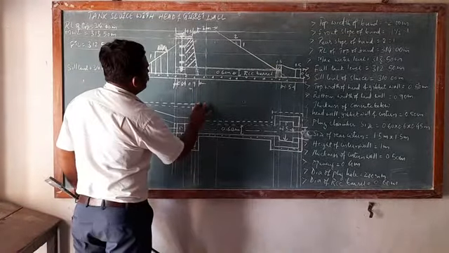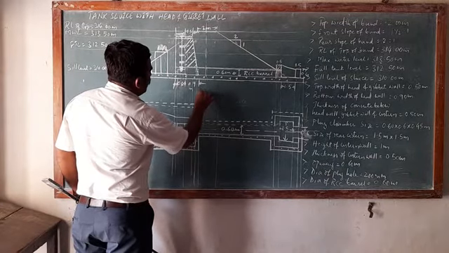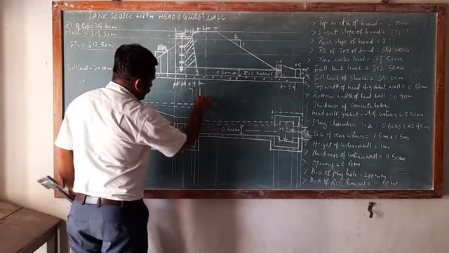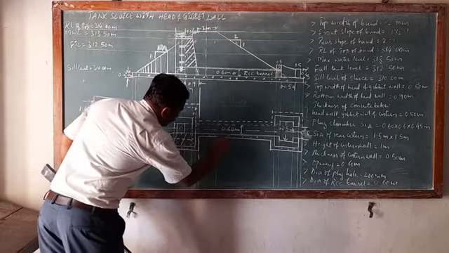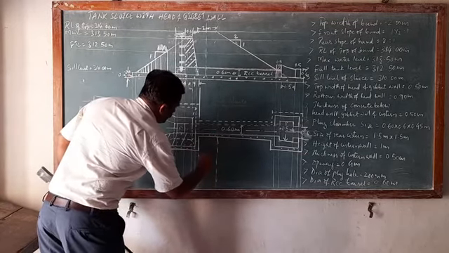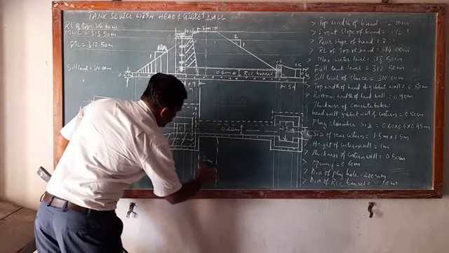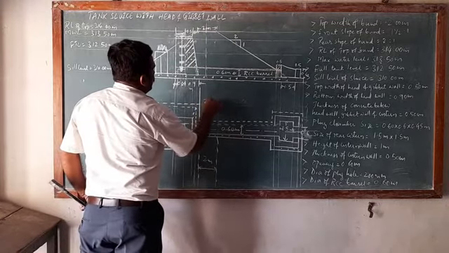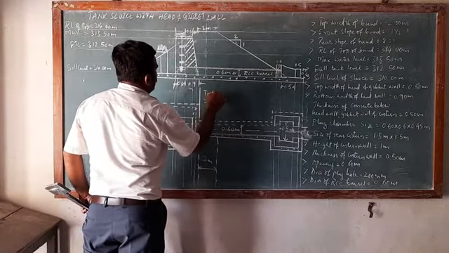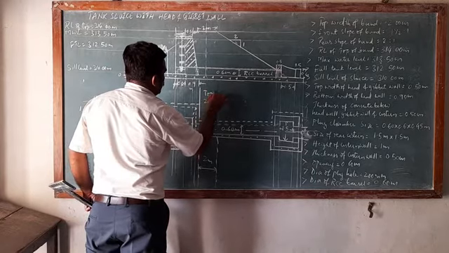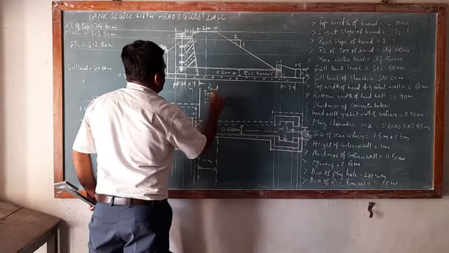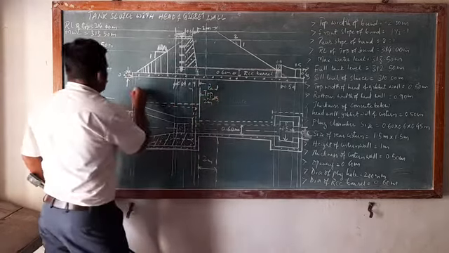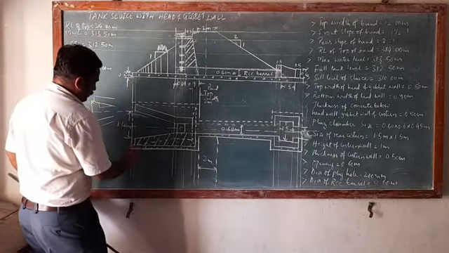So then, this is nothing but the top width of the bund, 2 meter, which will not be visible from the bottom. The bund top width is 2 meter. Just take some projections here.